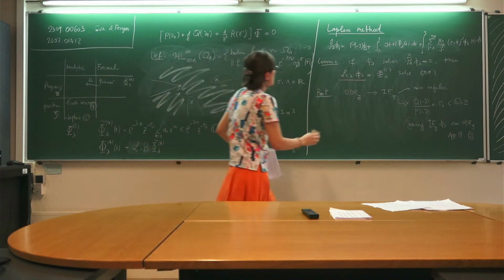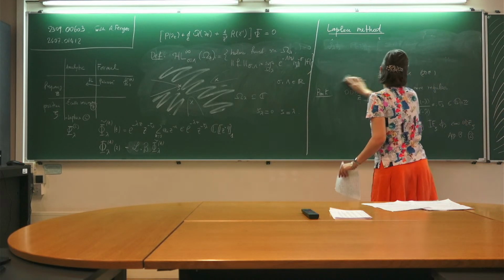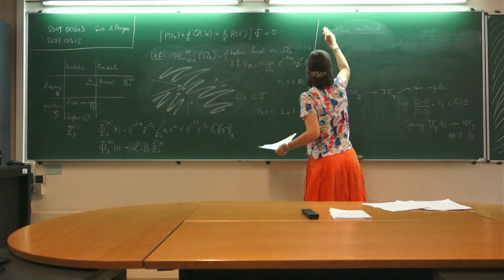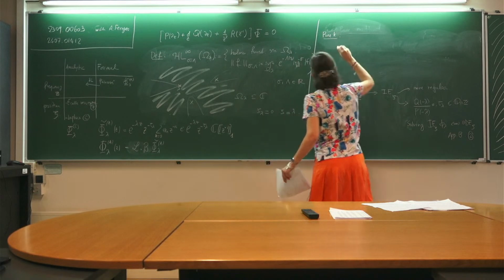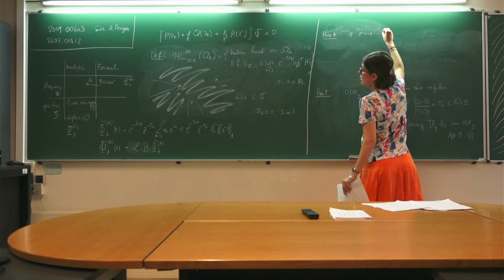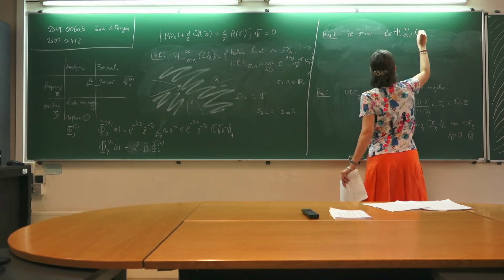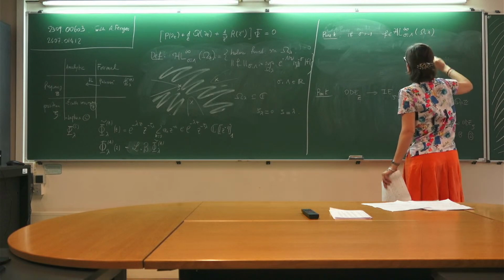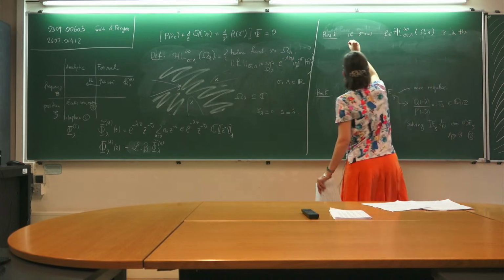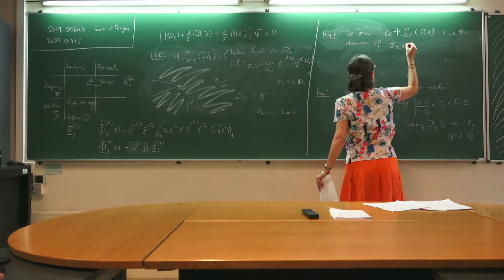So let me make this remark somewhere. In particular, if sigma is greater than -1, f in H_L infinity sigma lambda, omega lambda, is in the domain of the Laplace transform beta lambda.